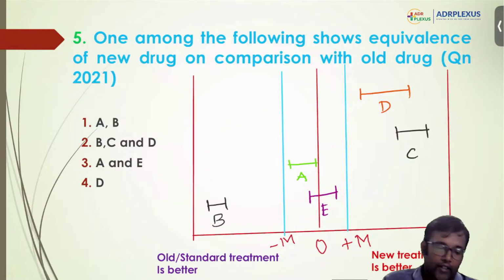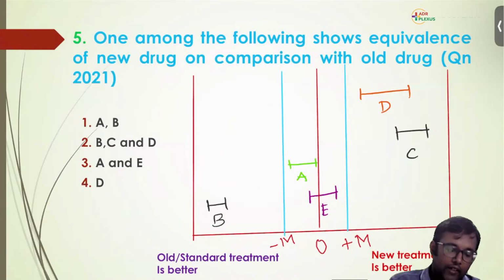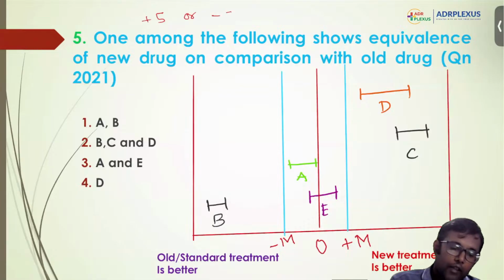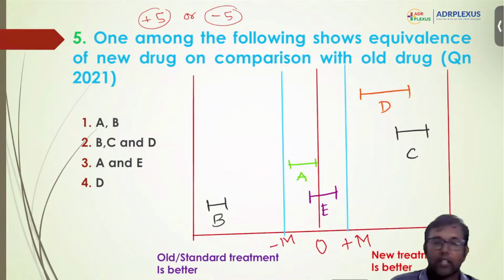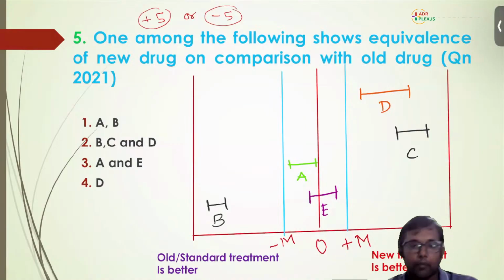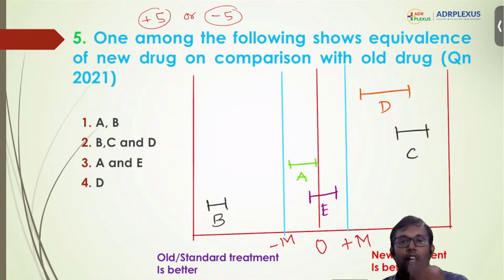See, there are two friends studying for the exam. They say, okay, we can keep it as a 5 mark. You can get either 5 marks more than me or 5 marks less than me, because we both are studying together and both of our preparation is okay. Because of luck, we may get 5 more or 5 less on comparing our marks. That is called the equivalent.